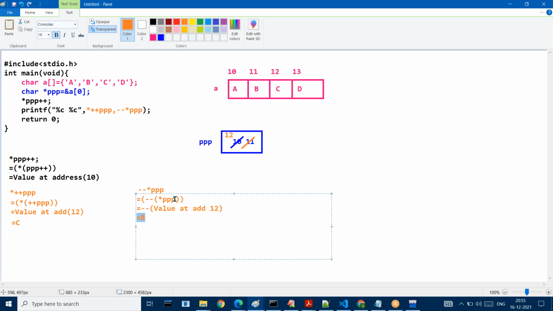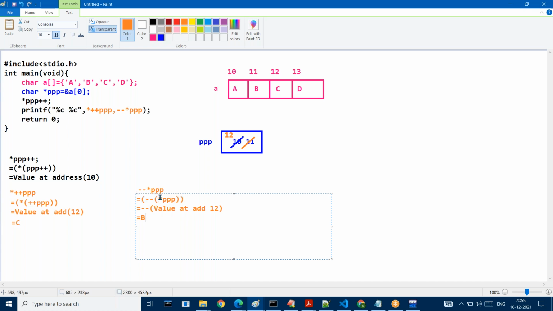Both have the same level of precedence, so I have to go for associativity, which is right to left. That is why first this part is bracketized, then this part.